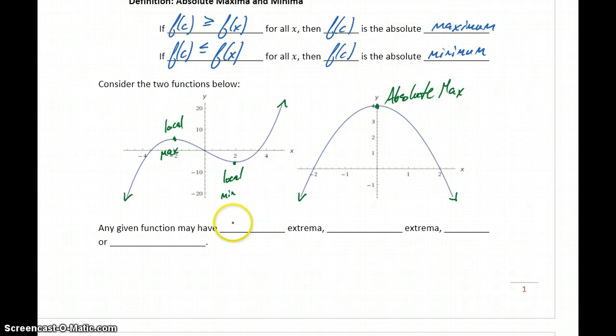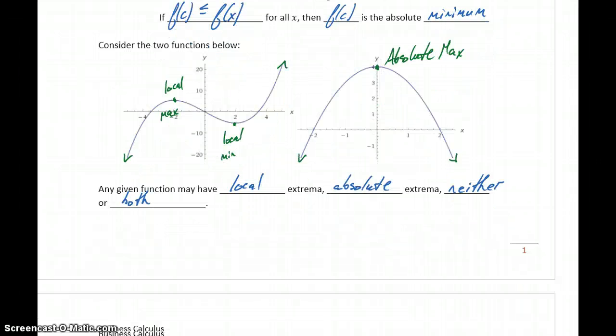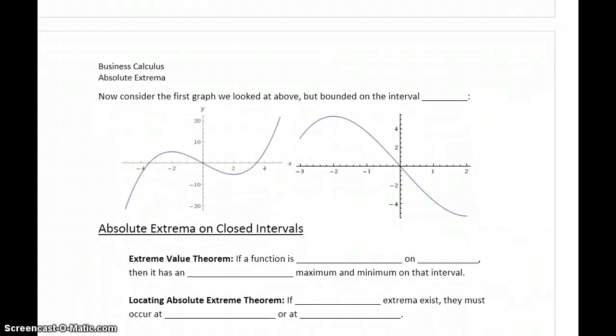What we want to keep in mind is that any given function can have local extrema, absolute extrema, neither of those, or both. So for any function, we might find a local maximum, a local minimum, an absolute maximum, an absolute minimum, or any combination of those different things. Or it might have none of those different characteristics.